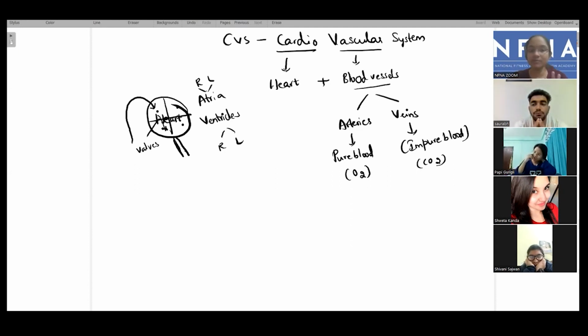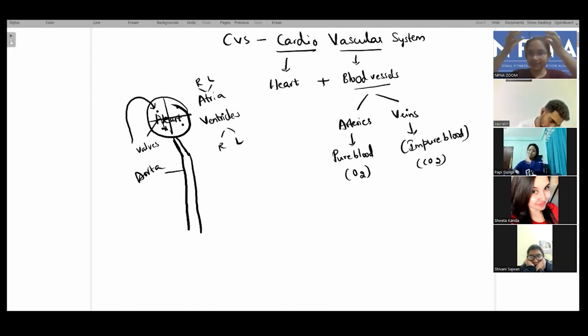Now the pure blood from the heart will be carried to different parts of the body, but through which? This is called as aorta, the main big blood vessel, the big pipe which will be running almost throughout the body.